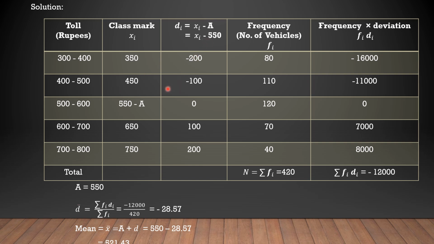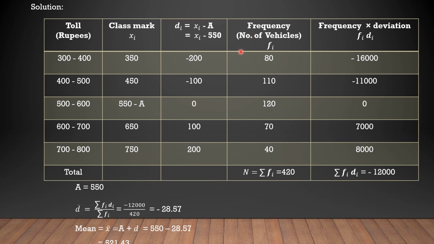Here also the answer is negative because 450 is smaller than 550. So 450 minus 550 is minus 100. Then 550 minus 550 is 0. Next, 650 minus 550 is equal to 100. And 750 minus 550 is 200. So the value of di is minus 200, minus 100, 0, 100 and 200.